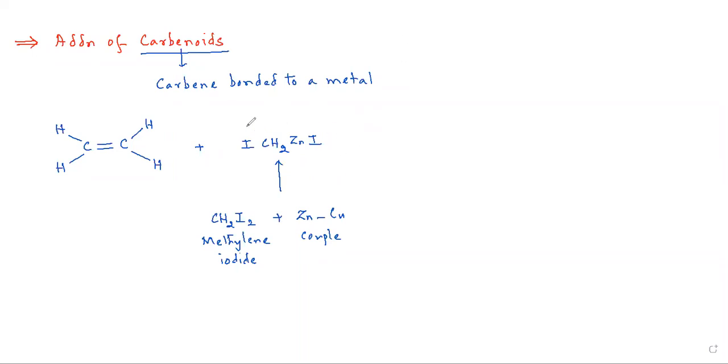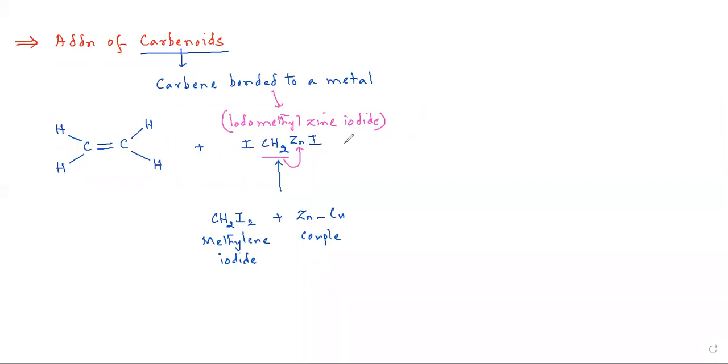Let me write that. Iodomethyl zinc iodide is, of course, a carbenoid, wherein a carbene is bonded to a metal.